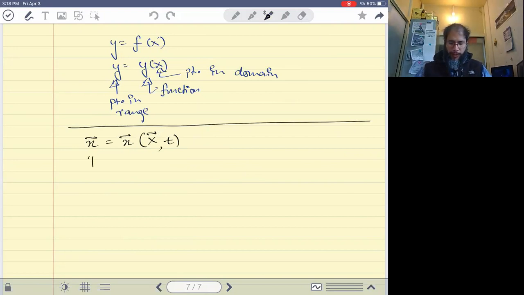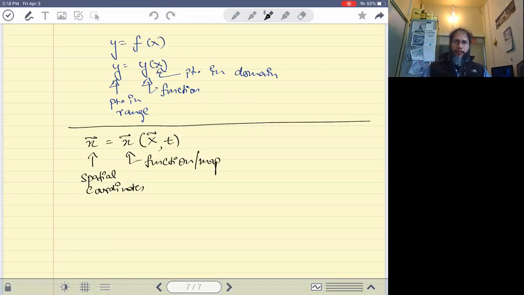So this x denotes the spatial coordinates, and the second x denotes the function or a map.